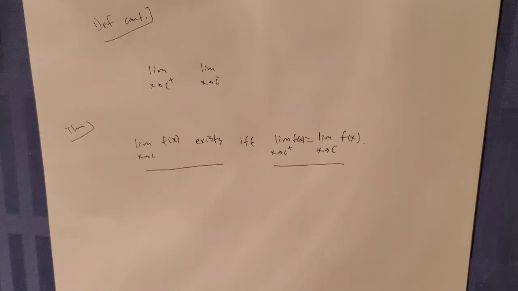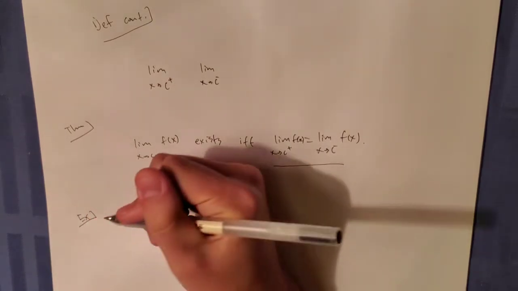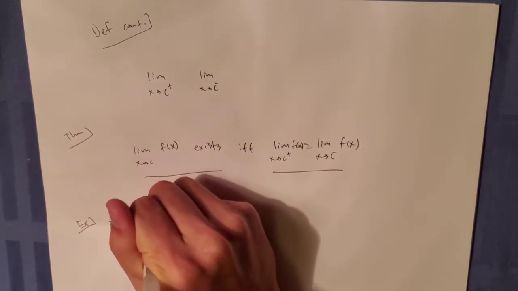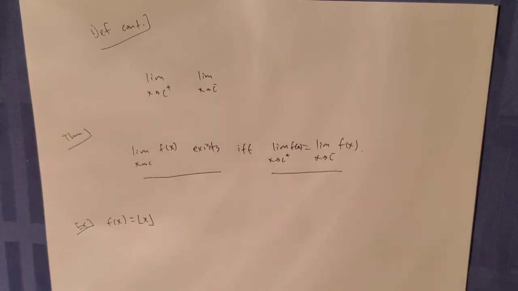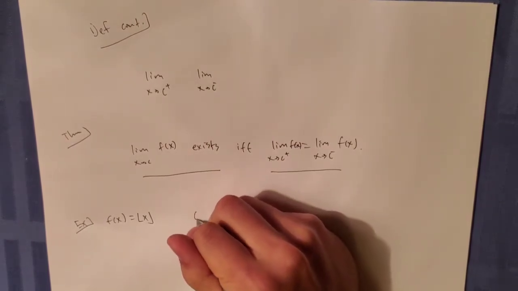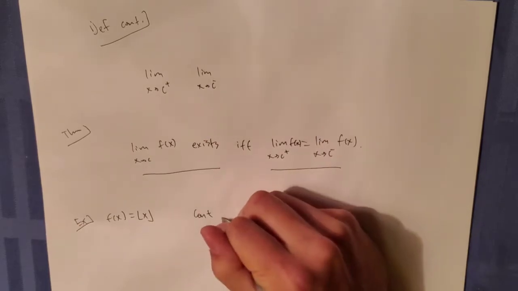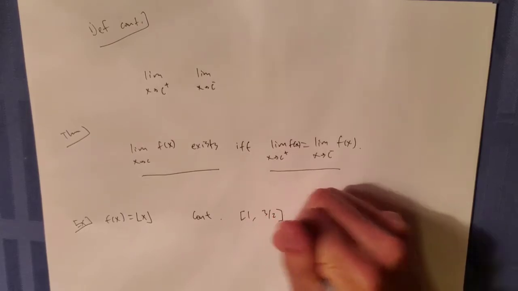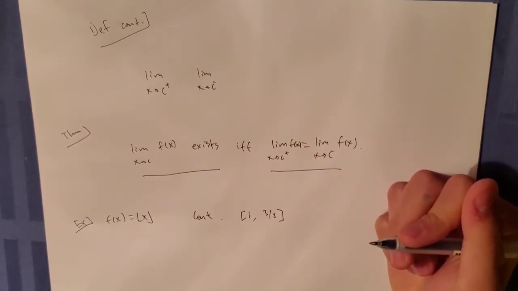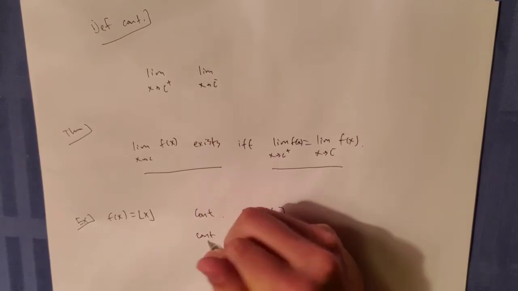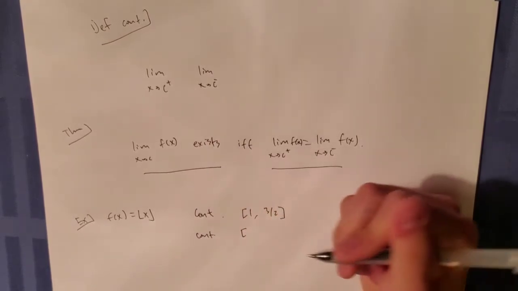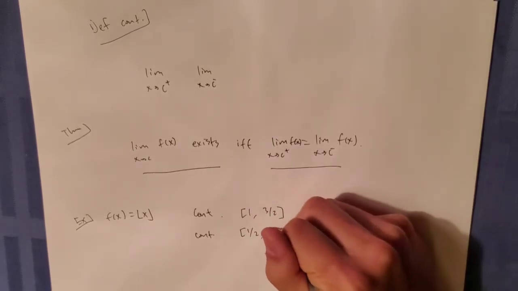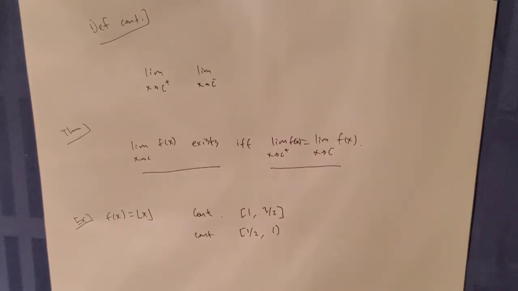Okay, let's do some quick examples. So let's say f of x equals the floor of x. So we can say that this is continuous on the closed interval 1 and say 3/2, right? And this is continuous on the interval 1/2 inclusive and 1 exclusive, right?